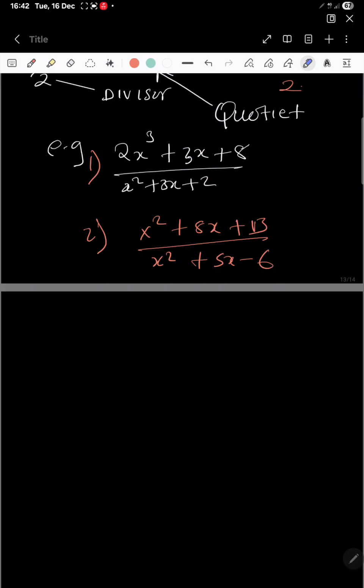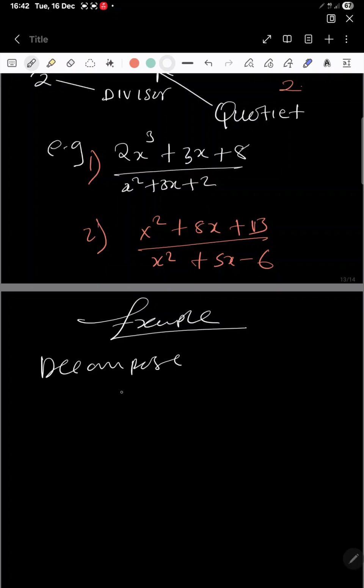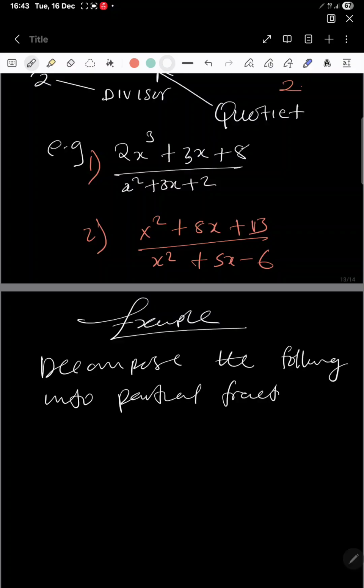All right, so if that is the case, let's see how to decompose them into partial fractions. So for this example, we are going to decompose the following into partial fractions.